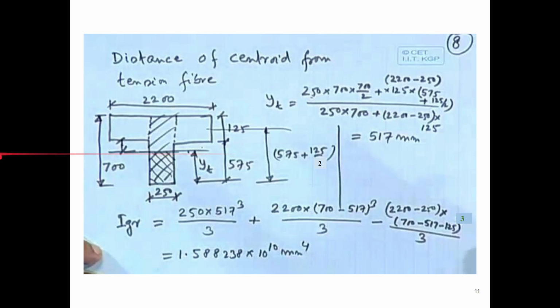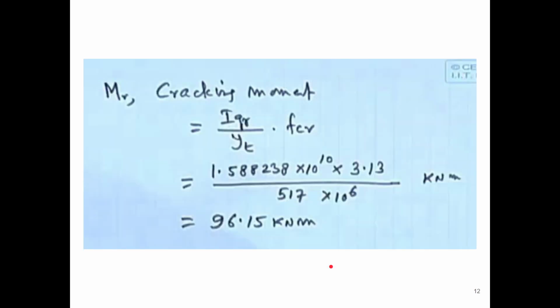This is the neutral axis, so about this we calculate the gross moment of inertia. That comes to be 1.588238 into 10 to the power 10 millimeter to the power 4.